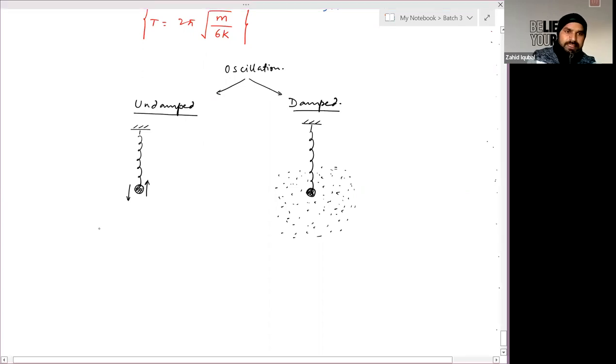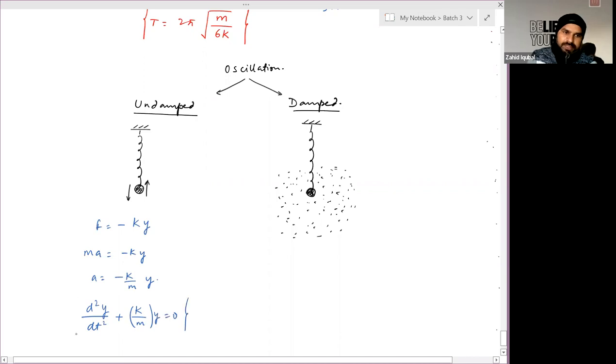So in the first part, net force acting on this spring mass system will be F equals minus K into Y. Force equals mass times acceleration, so acceleration equals minus K by M times Y. We may write acceleration as the second derivative of displacement, plus K by M times Y equals 0.